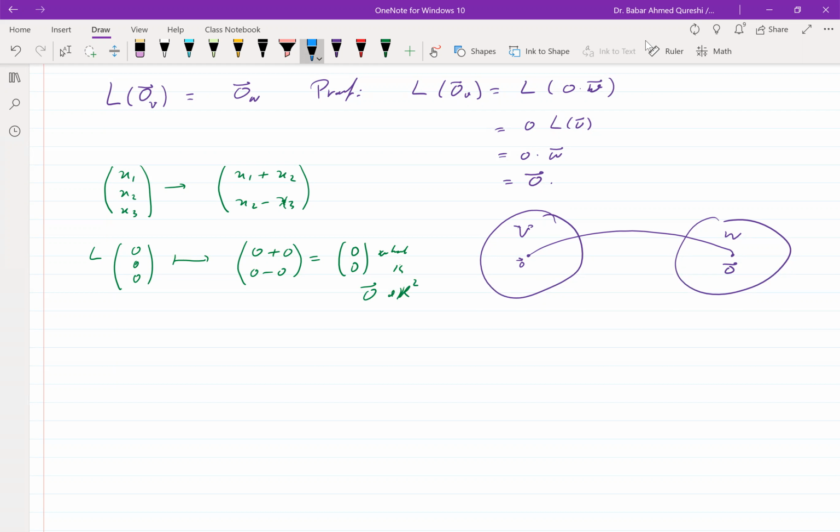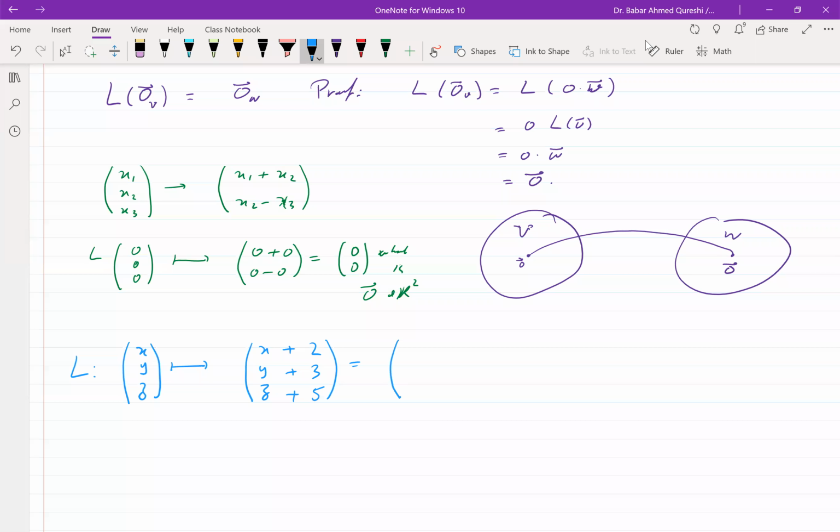Let's consider this transformation. I take this, let me write XYZ, and under this transformation it goes to x plus 2, y plus 3, z plus 5.